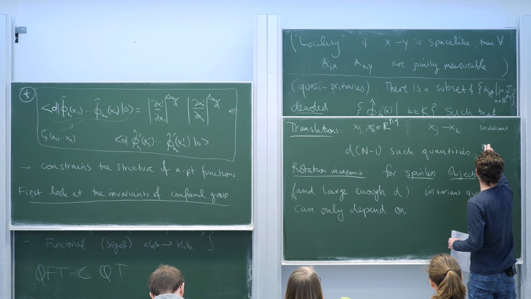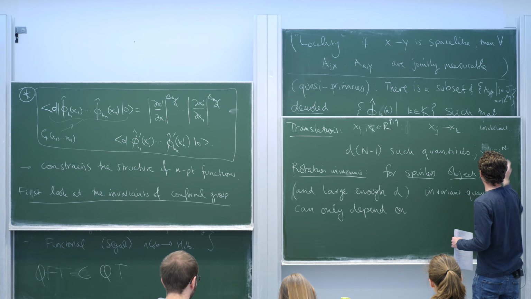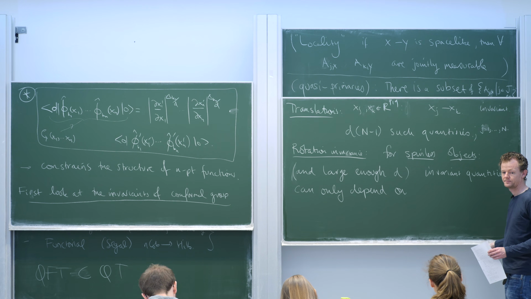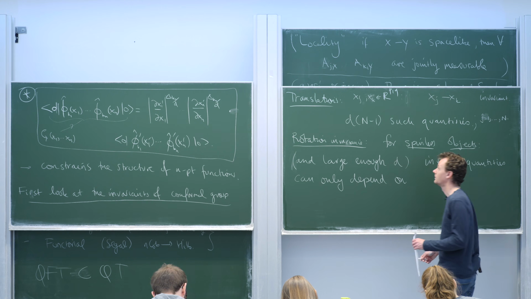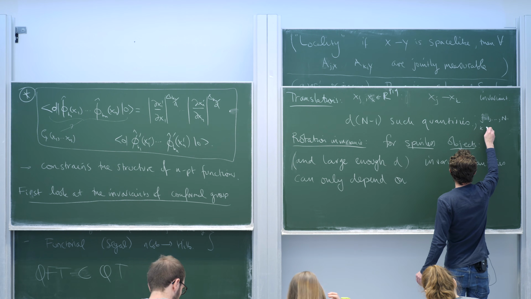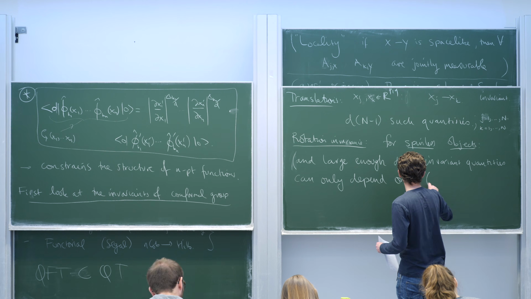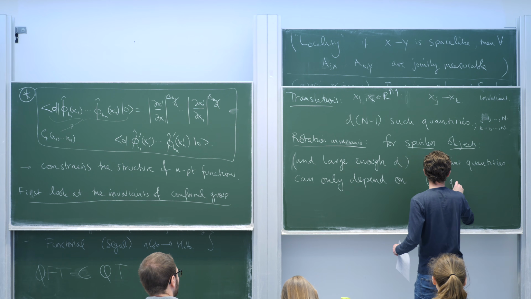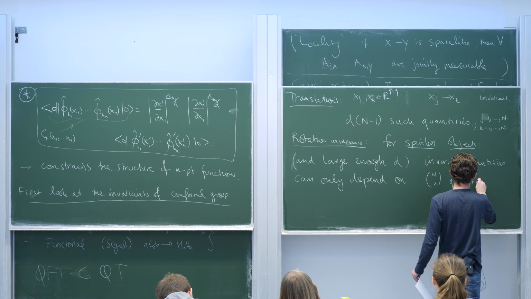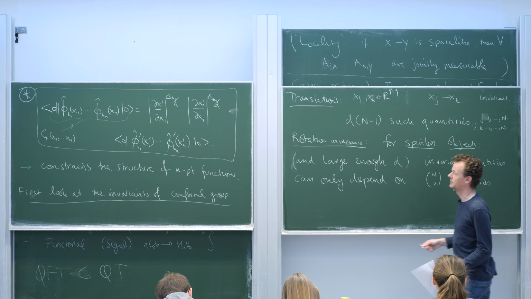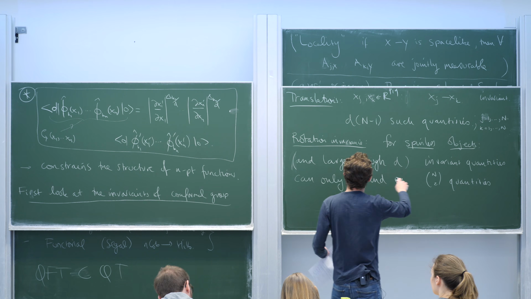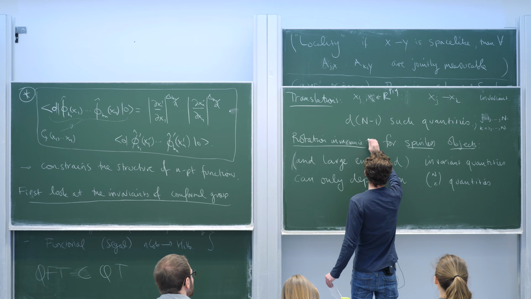So j runs from 1 to n. It's the same n as over here, but I used a big N here.